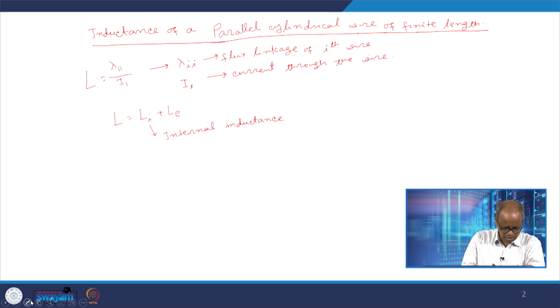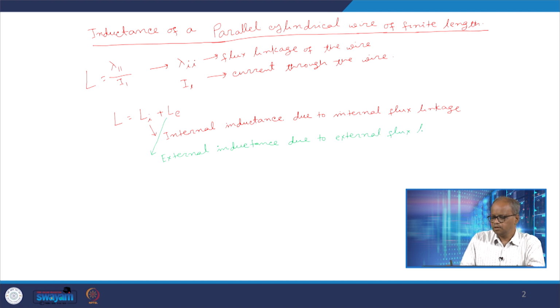So, L i is the internal inductance, due to the internal flux linkage, and L e is the external inductance due to the external flux linkage.